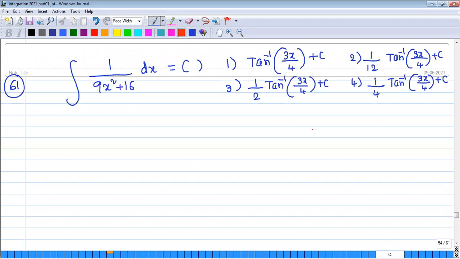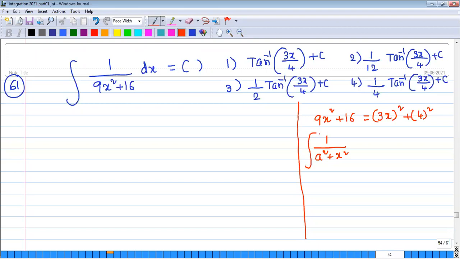See this one, 9x square plus 16 can be written as 3x whole square plus 4 square. So this is in the form of integral dx upon a square plus x square, which is 1 upon a tan inverse x upon a. But in the place of x, we have 3x.